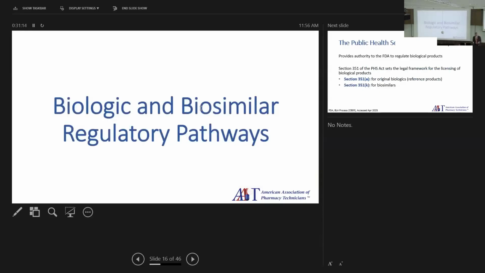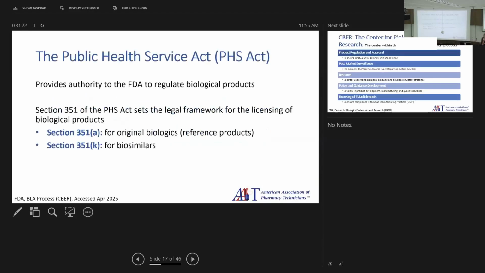Okay, so now we know what a biologic and a biosimilar is. Let's take a look at some of the regulatory pathways for biologics and biosimilars. So the Public Health Service Act is what provides the authority to the FDA to regulate biological products. Section 351A and 351K, remember from the search a few slides ago, are for original biologics or reference products and biosimilars respectively.